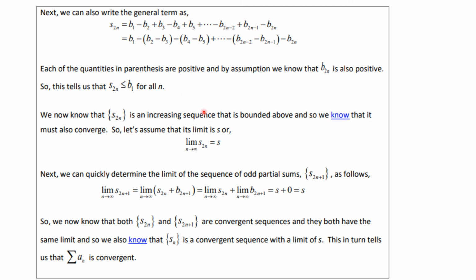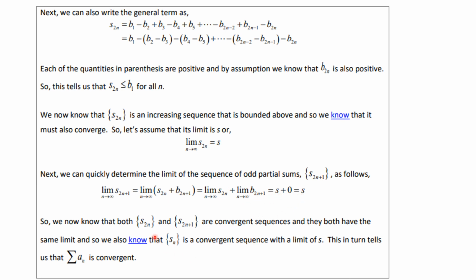So we know it's an increasing and bounded sequence, bounded above, so that means there is a limit, but this limit has to be the same as the limit of the odds, and we can observe that in the following way. So if we let n go to infinity of S_(2n+1), that is going to be S_2n plus b_(2n+1). So this one is going to give us S, and this is going to go to 0 by our assumption.